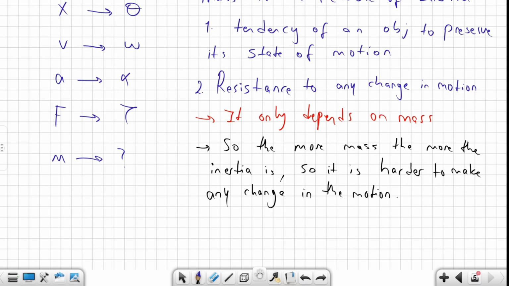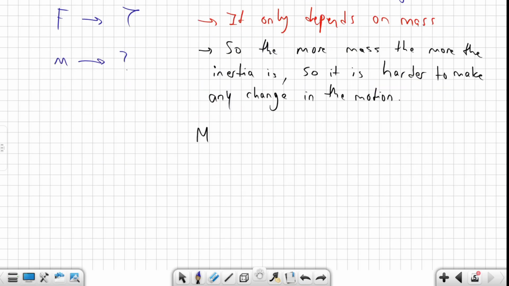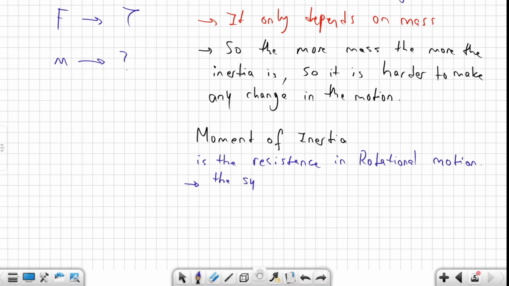So what is resistance in rotational motion? It is called moment of inertia. So we can define moment of inertia as the resistance in rotational motion, and the symbol is I. Remember that, please. Some students will confuse the name as inertia because it starts with I, but please remember that I is called moment of inertia.